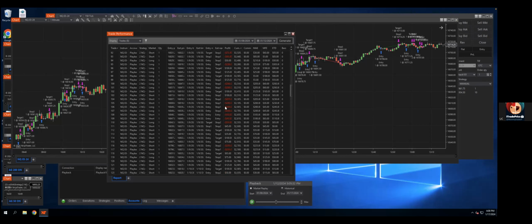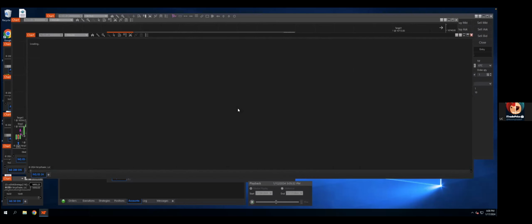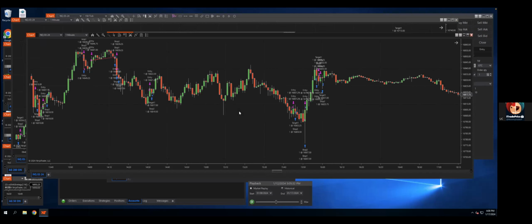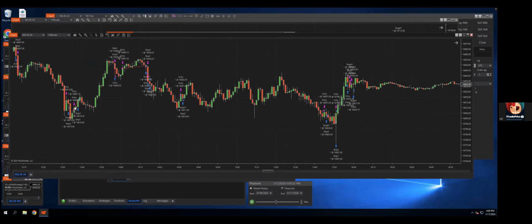That had a lot of trades. So I want to see what the market structure looked like during that period of time. Okay, so here we go, right here. As you can see, it was kind of weird and choppy. We had a loss here, a loss here, a loss there.